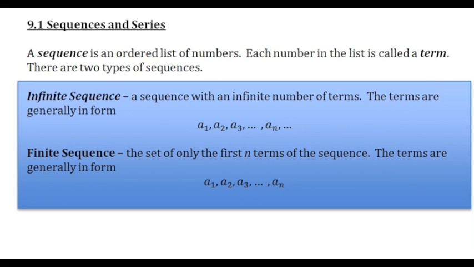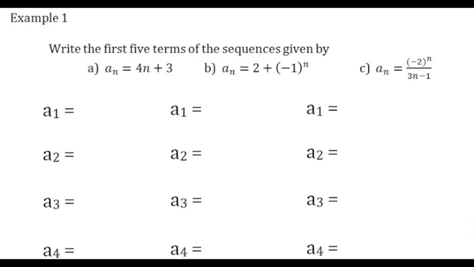Okay, so let's look at some examples here. It says write the first 5 terms of the sequences given by, so let's look at part A here. A sub n is equal to 4n plus 3. And all that means is we're going to start with 1, we're going to plug in 1 for n. So it'd be 4 times 1 plus 3, which of course is 7.